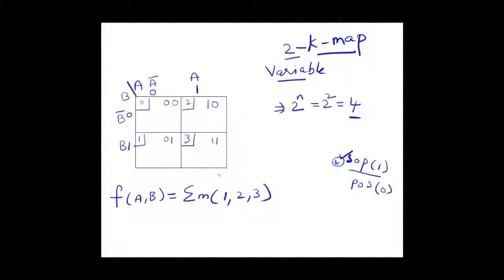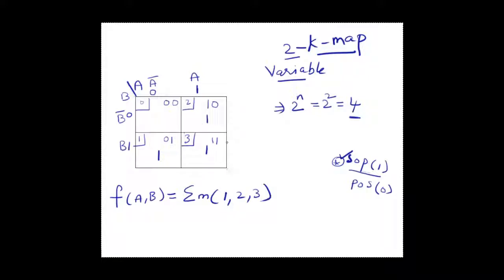This is the summation of these min terms m. Now from this I have 1, 2 and 3. That means in place of 1, this is 1, so here I'll place a 1, and this is 2 and this is 3. So I have placed these ones in all these places.